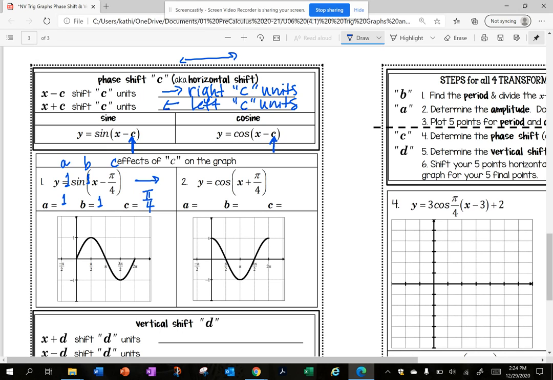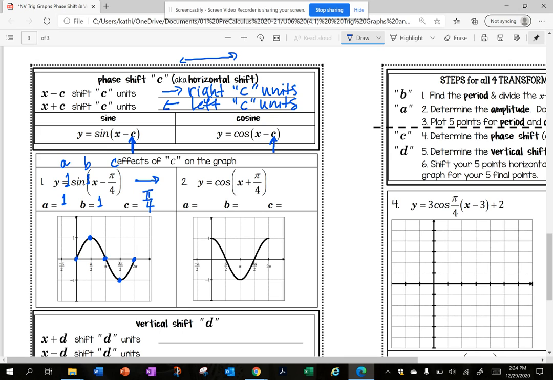So I'm looking that I have a sine curve. My sine curve starts on the wave axis, goes to a maximum, comes back to the wave axis, goes to a minimum, and comes back to the wave axis. I need to move right pi over 4.